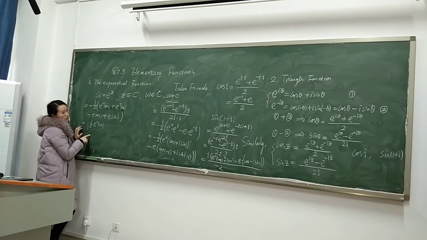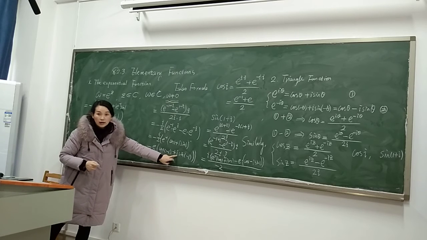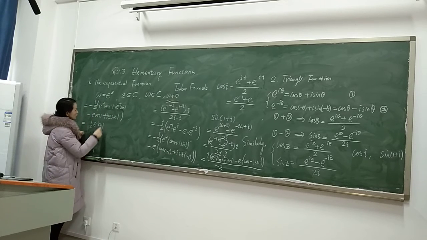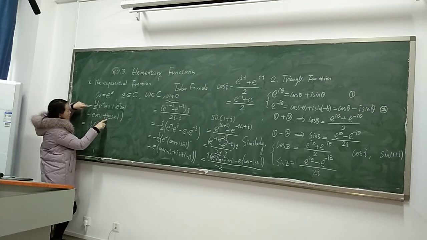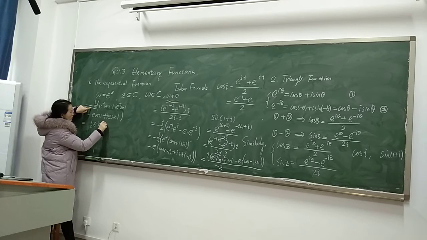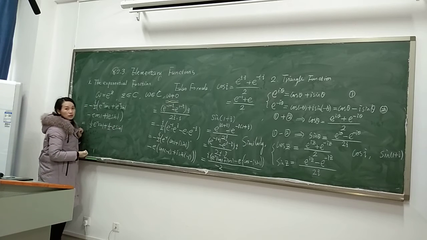Here I is also minus 1, and minus 1 is positive, so here is also plus e sin 1. This is the real part.